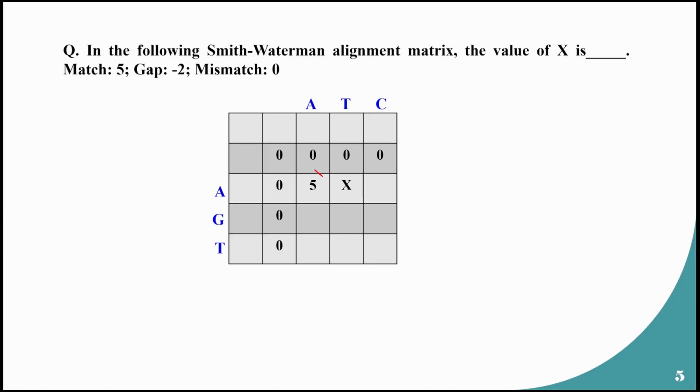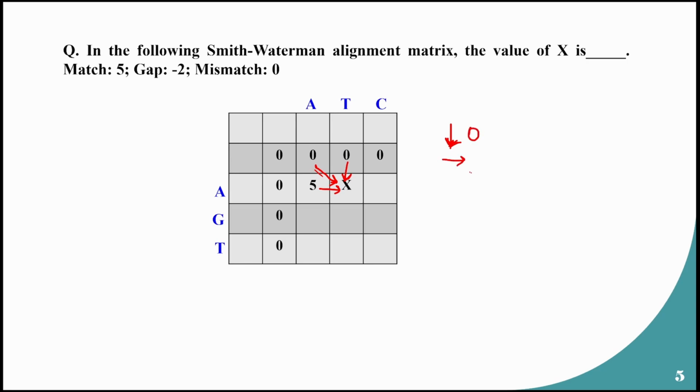Otherwise, the process is very similar. You calculate the value for all three different paths by which you can get to this cell, and the best path gives the score for the particular cell. I see some answers. So that's 3. If you go down this path, that's a gap, so this should be -2, but we don't write negative, so it should be 0 here.